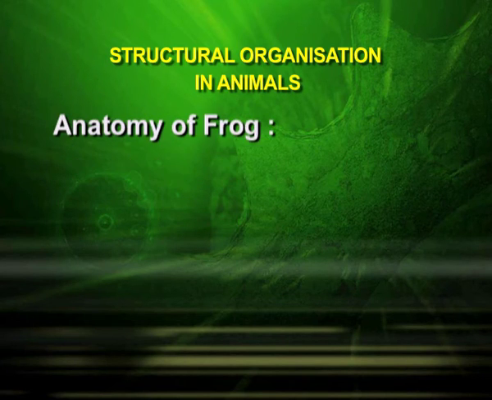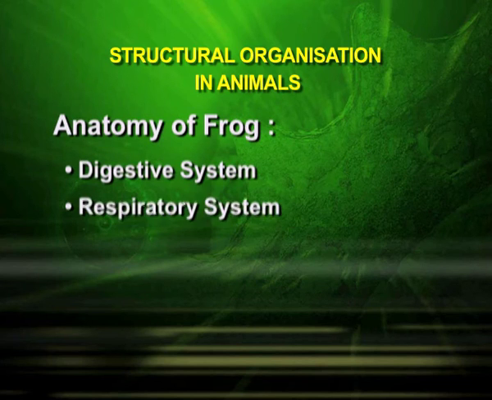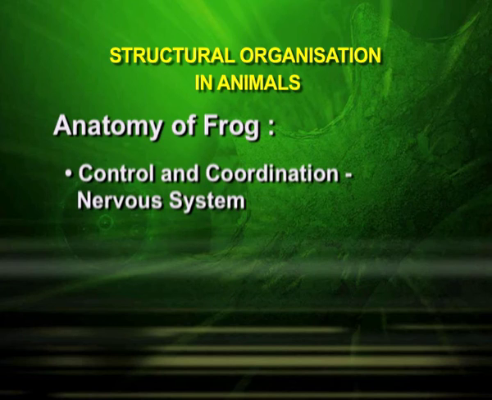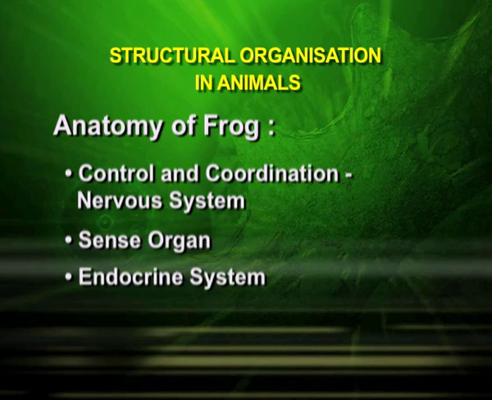Under the anatomy of frog, we studied the digestive system, respiratory system, circulatory system, excretory system, their control and coordination, that is the nervous system, sense organs, the endocrine system, and the reproductive system.